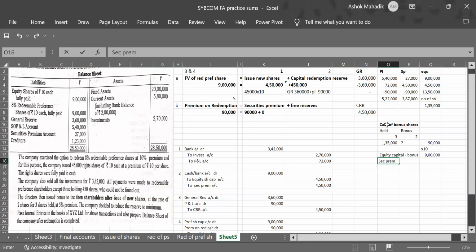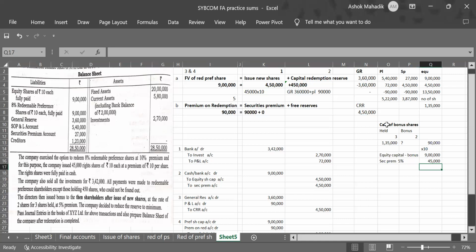How much? 5% of 9 lakhs, which is 45,000. Clear? So this is additional security premium we are raising by issuing bonus shares. Clear? That's it. Now I'll tell you what are the entries for bonus shares.